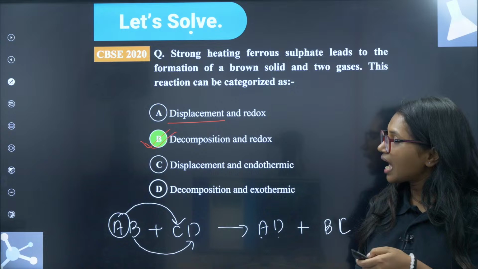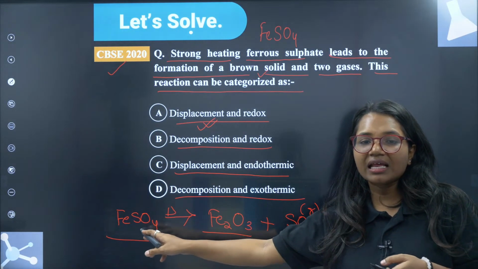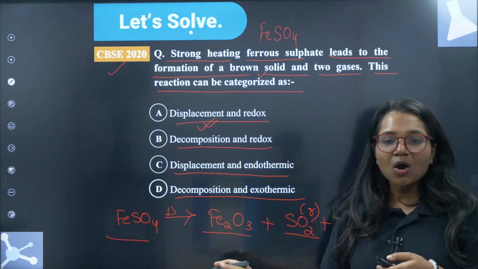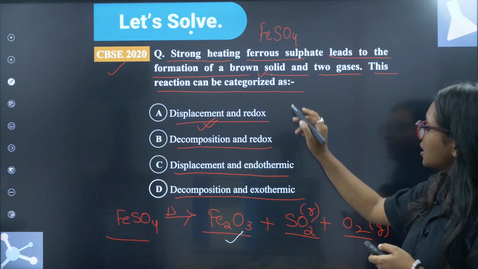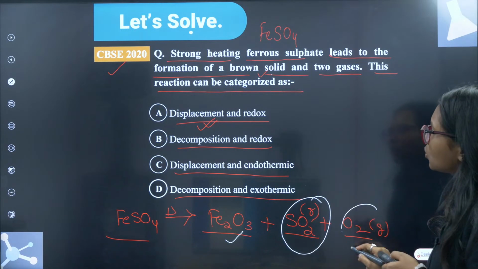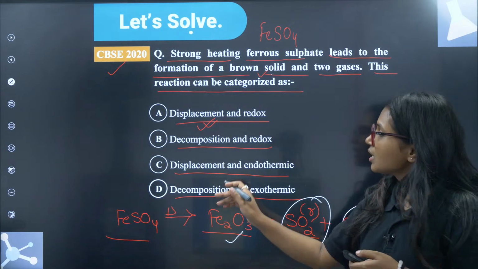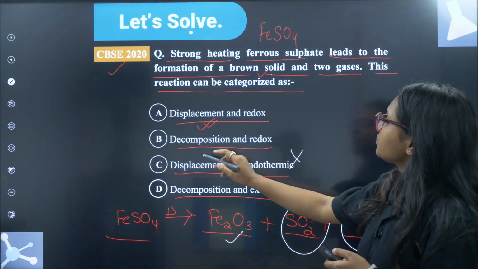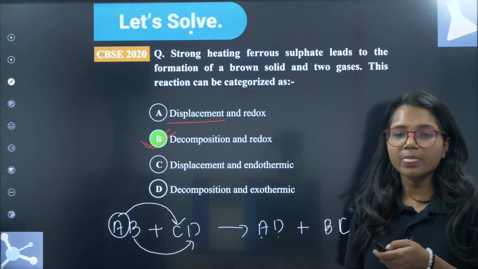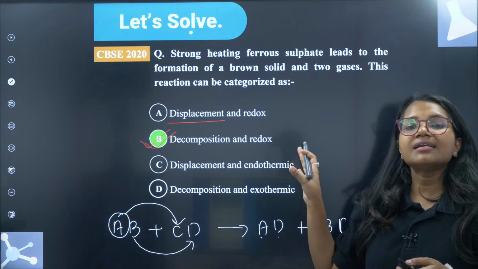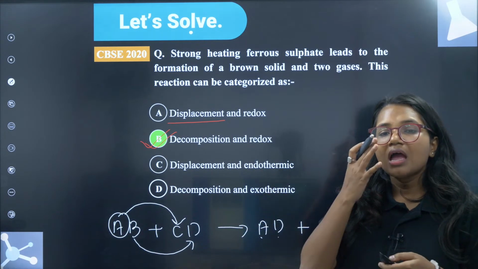But the reaction which we have done here, ferrous sulfate, is getting decomposed, giving you iron oxide, a brown color solid, SO2 gas and O2 gas. This is a decomposition reaction. Displacement is out, the correct answer here is decomposition. Okay, fine. Did you guys understand this question? Can I move forward to the next question?